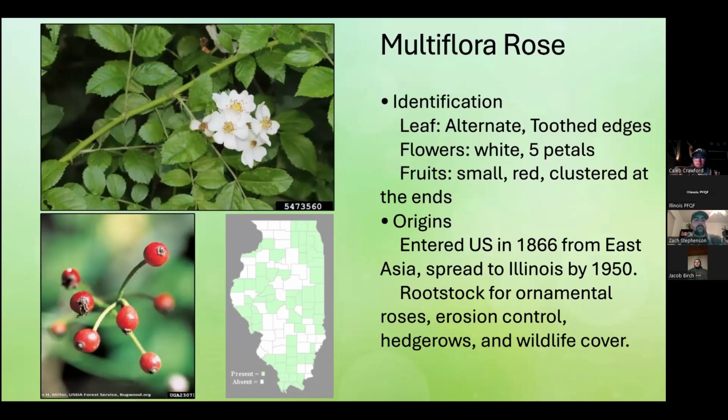This species entered the United States in 1866 from East Asia and spread to Illinois by 1950. The rootstock was used for ornamental roses, and it was also used for erosion control, hedgerows, and wildlife cover. Another big use was as a living cattle fence. It's covered in thorns, so it can create a pretty good barrier.